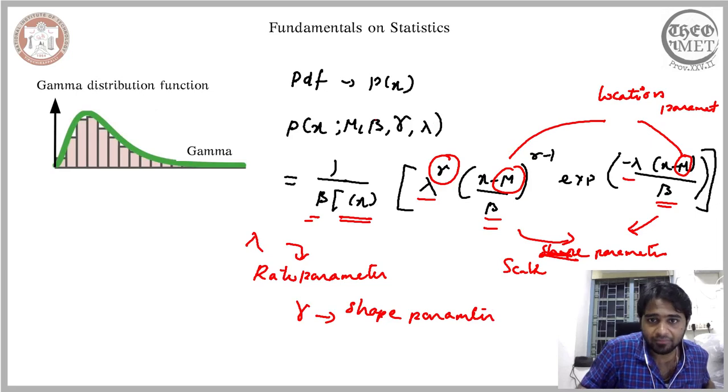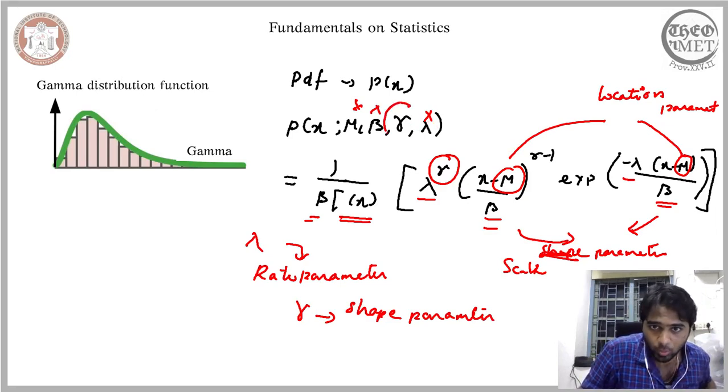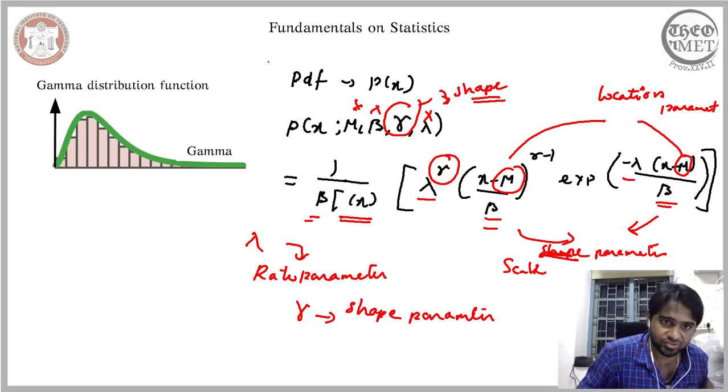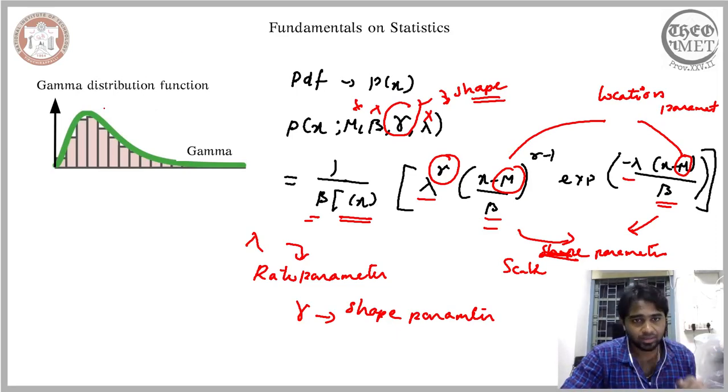So we have these three that we have seen earlier and that are part of the exponential curve. This is a new one. This is referred to as the shape parameter, and it is characteristically associated with the gamma distribution function, the PDF of the gamma distribution.